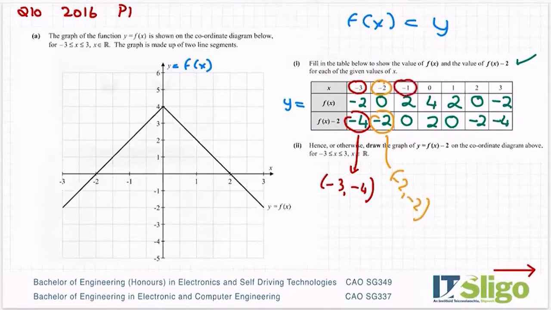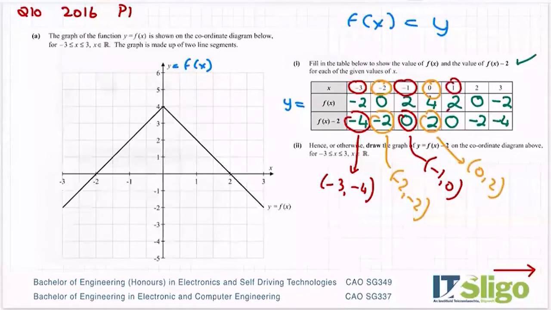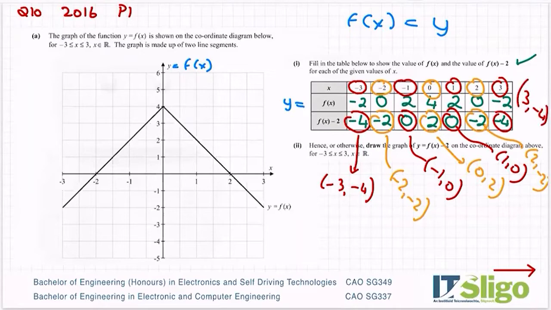For this one, it's minus 1, 0. 0, 2. 1, 0. 2, minus 2. And the last one, 3, minus 4. So they are all the couples that I'm going to plot.